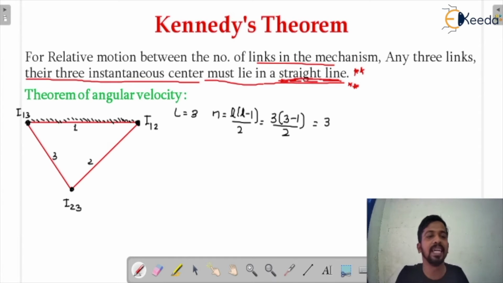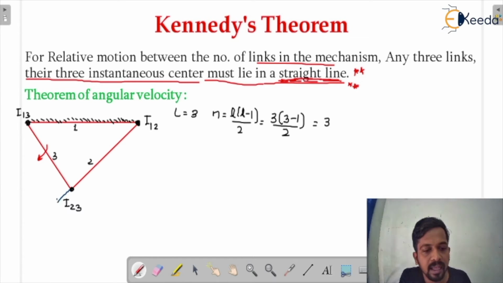Now you can see here that I23 can be assumed on link 3 and it can be assumed on link 2. Are you getting my point? This can be considered on link 3, and this can be considered on link 2, because this is at the intersection of both the links. Now if I say link 3 is going to rotate in the clockwise direction, what would be the direction of linear velocity for link 3?